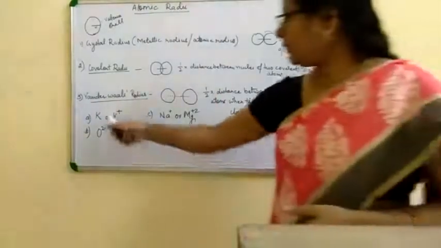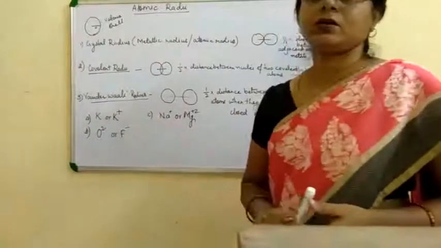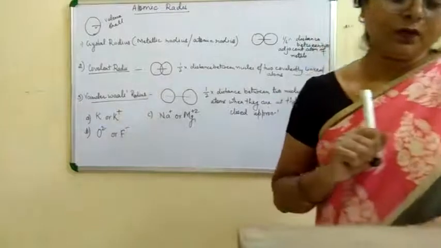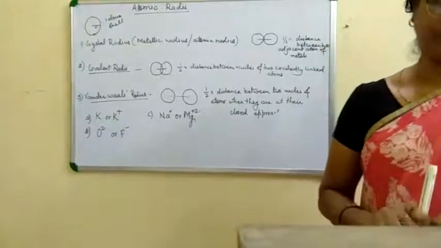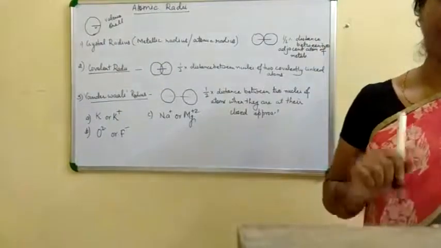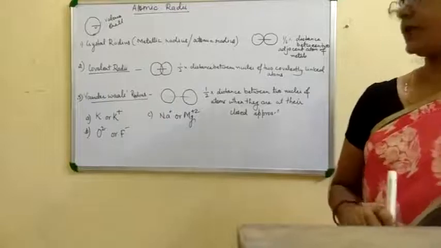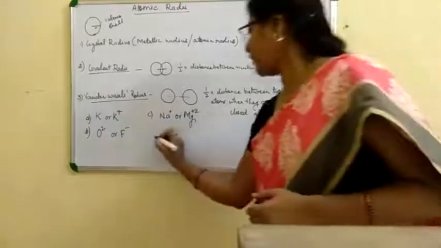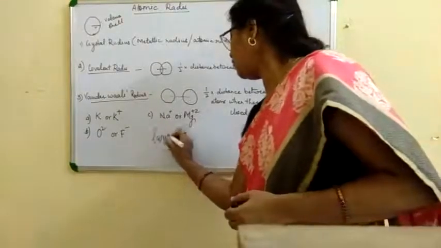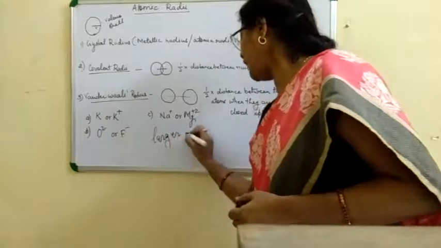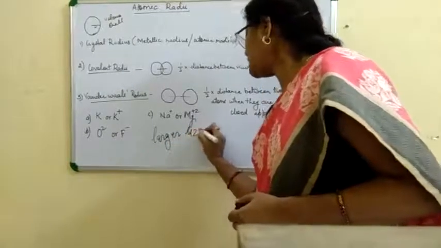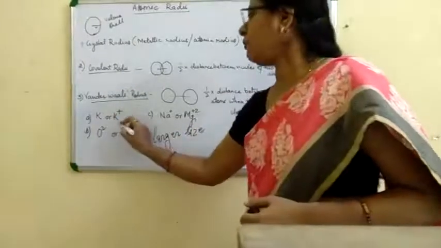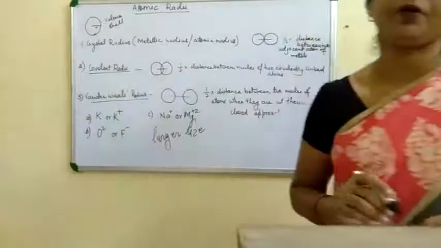Now, among these pairs, which of the following pairs would have a larger size? You have to explain which would have larger size, in potassium and potassium ion.